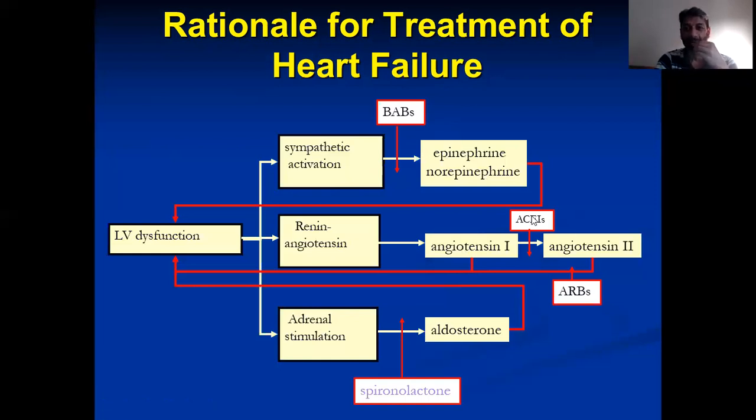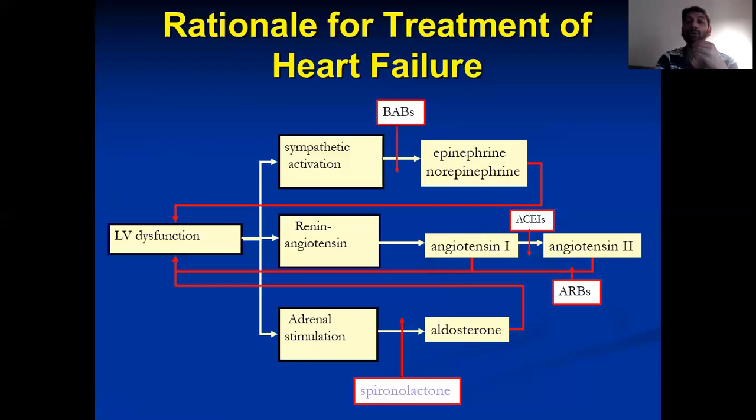Then you have ACE inhibitors, which prevent conversion of ACE1 to ACE2 in the renin-angiotensin system. You can use ARBs, but not both simultaneously, either ACE or ARBs. You can use aldosterone antagonists, such as spironolactone or eplerenone. And in place of ACE or ARBs, now we have a new drug as well, called ARNI, angiotensin receptor neprilysin inhibitor.